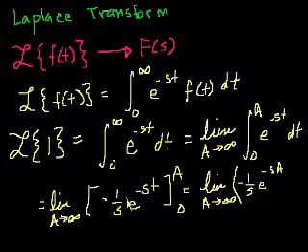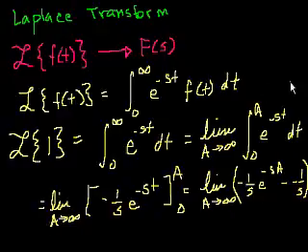That's what happens when I put a in here. Minus, now what happens when I put t equals 0 in here? It becomes e to the minus s times 0. This whole thing becomes 1, and I'm just left with minus 1 over s.